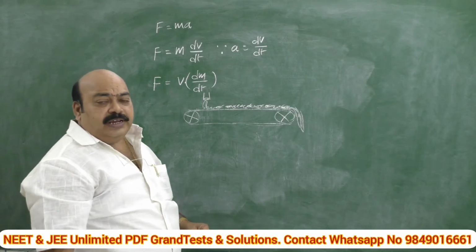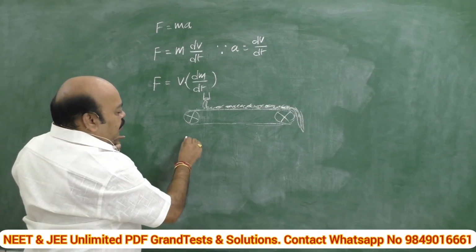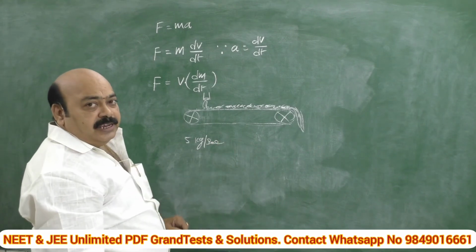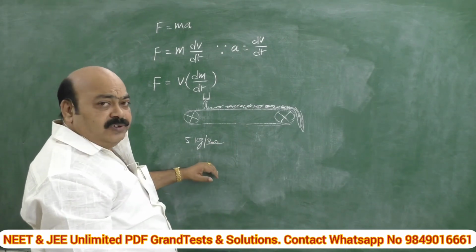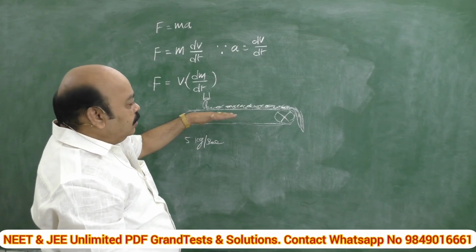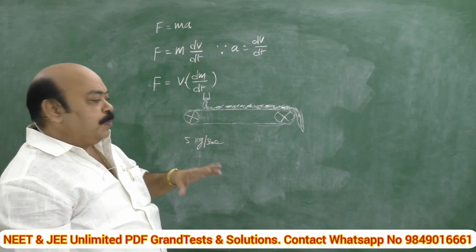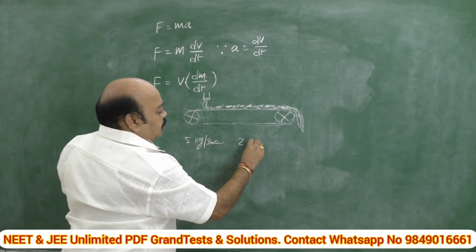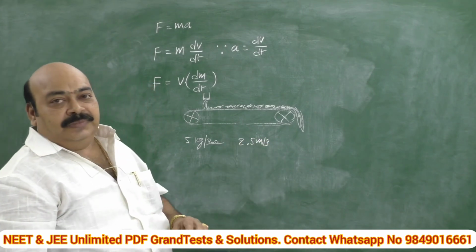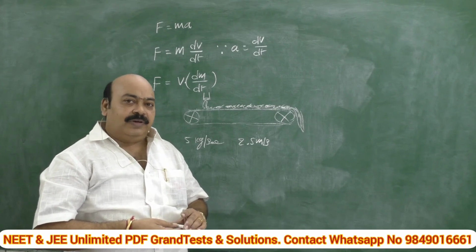Gravel is falling vertically on a conveyor belt at a rate of 5 kg per second. What is the force required to maintain the conveyor belt moving with a constant velocity of 2.5 meter per second? Once again, where is it falling?